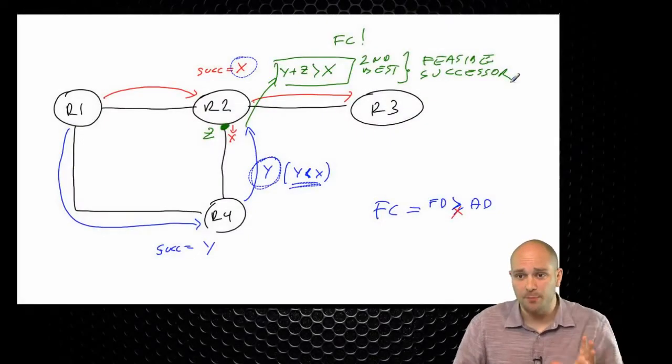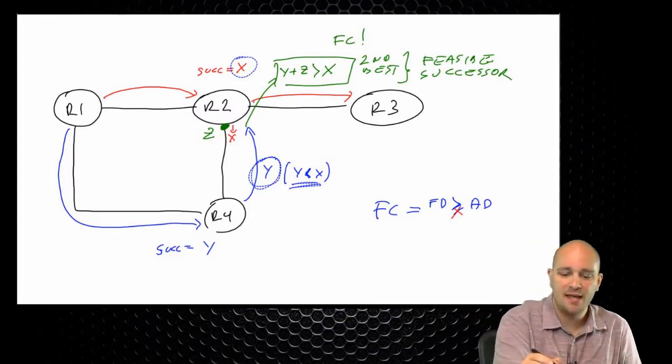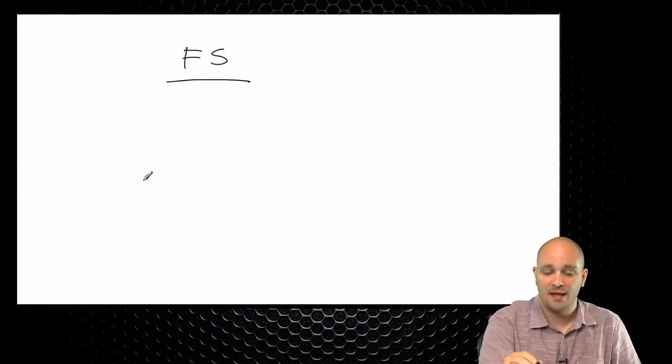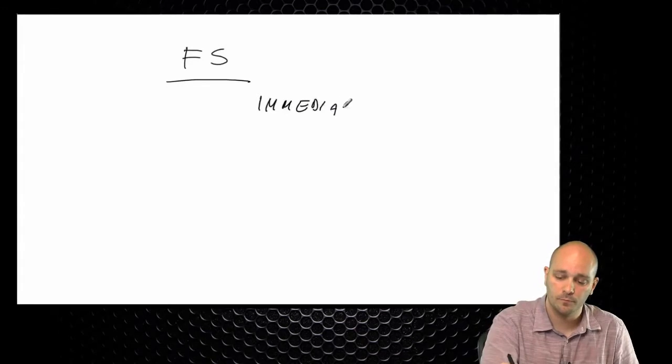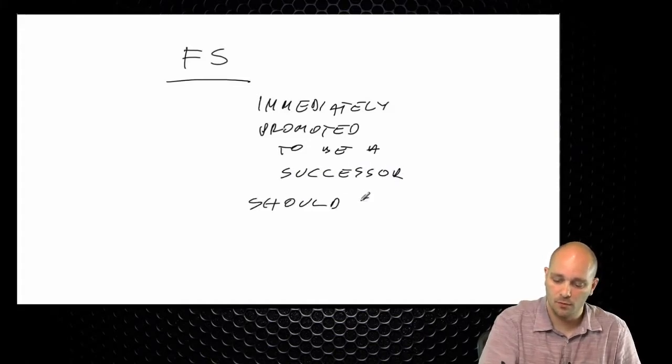This is an incredibly important concept. Why is this an incredibly important concept? Because if we have a feasible successor in our network, that is the second best route that can be immediately promoted to be a successor, should the successor disappear.